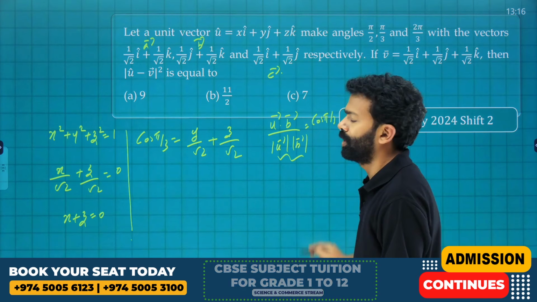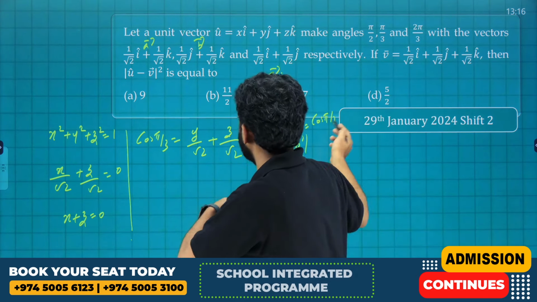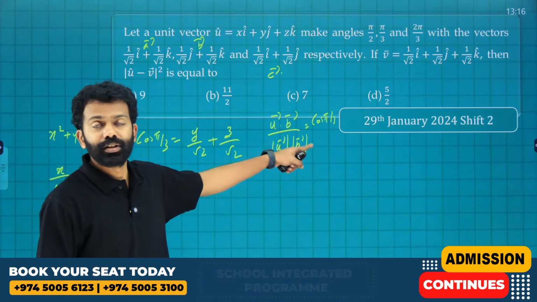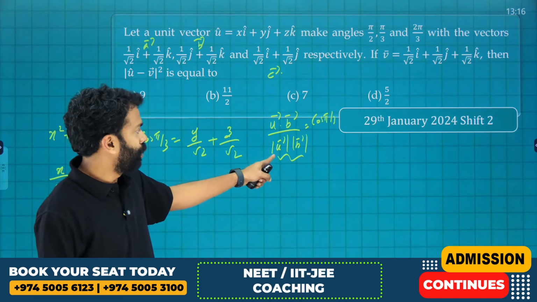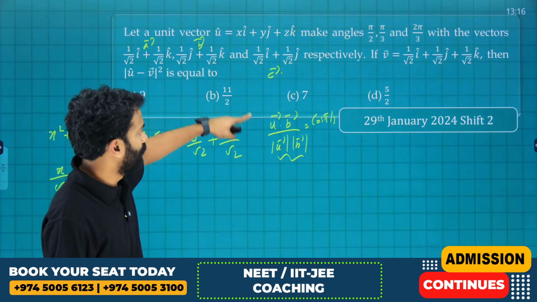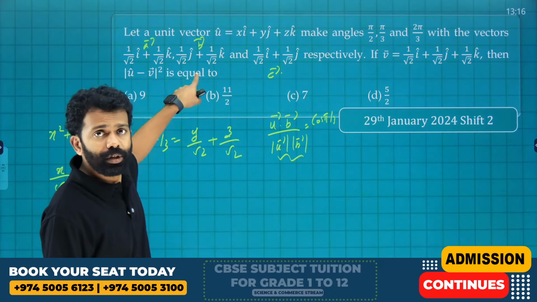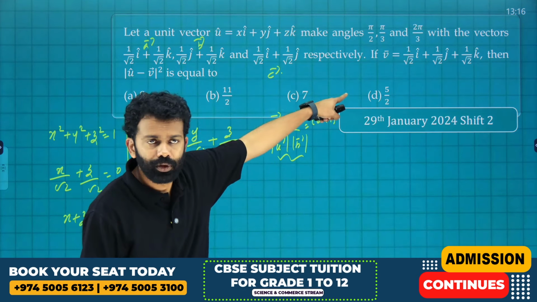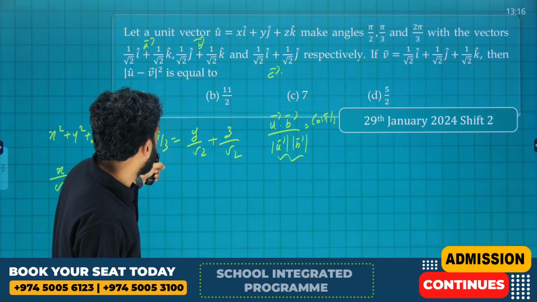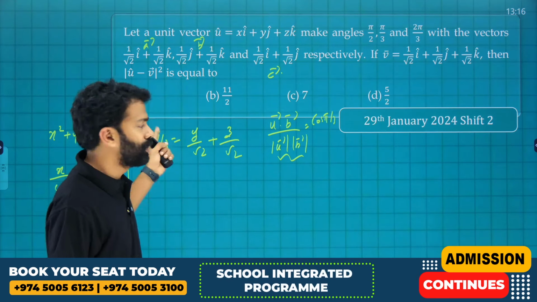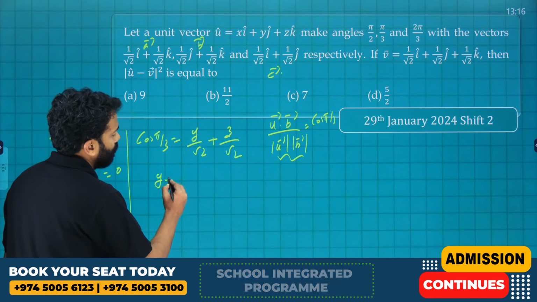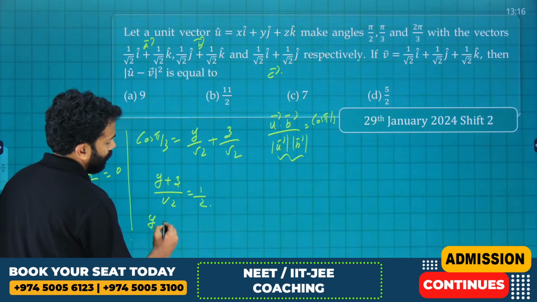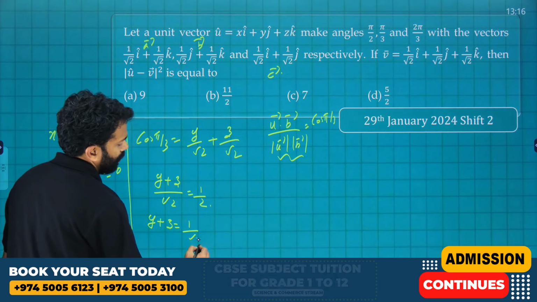But we don't have to bother about the denominator, because these are unit vectors. The magnitude of u is a unit vector, given in the question, and vector B, if you square and add it up, is a unit vector. Therefore we don't have to bother about the denominators for the next case also. Cos 60 is 1 by 2, so y plus z by root 2 is equal to 1 by 2, that is y plus z is equal to 1 by root 2.